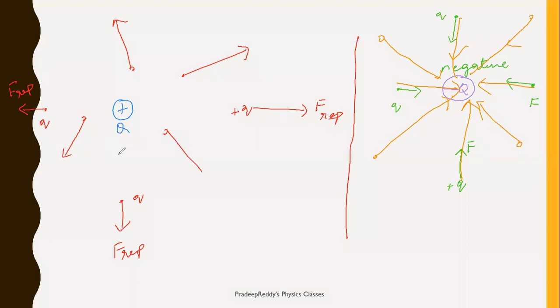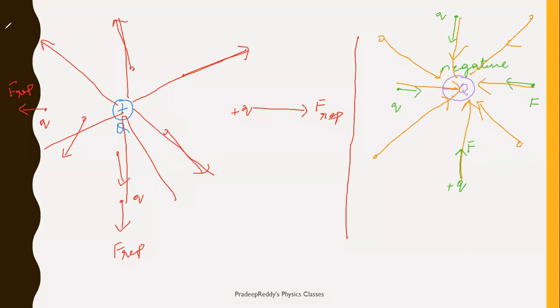Repulsive force is outward from this particular positive charge. So that repulsive force direction, I am representing it outward. That means when you are placing a test charge in the vicinity of this capital Q charge, it will be pushed outward in some particular direction, which is given by this line, right?